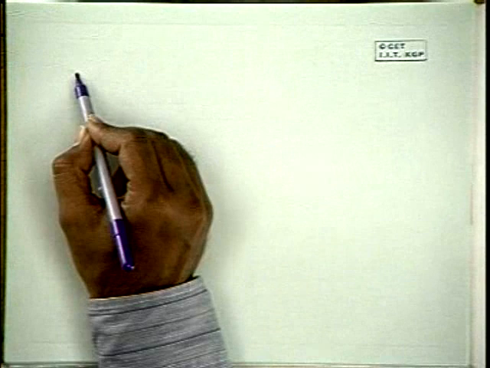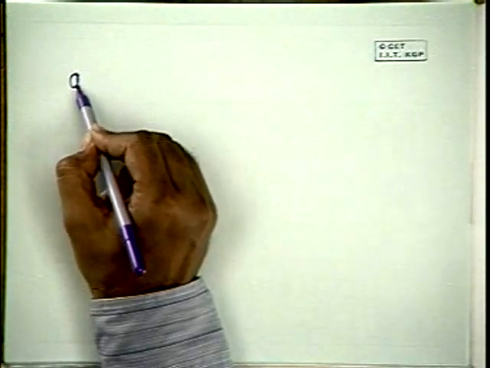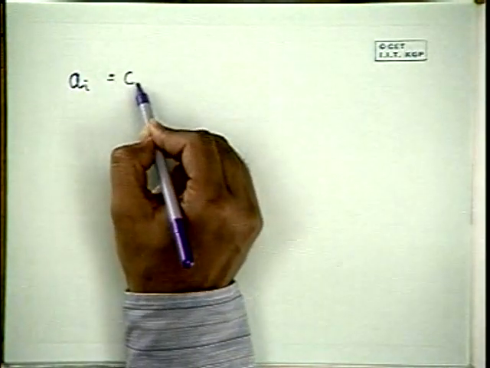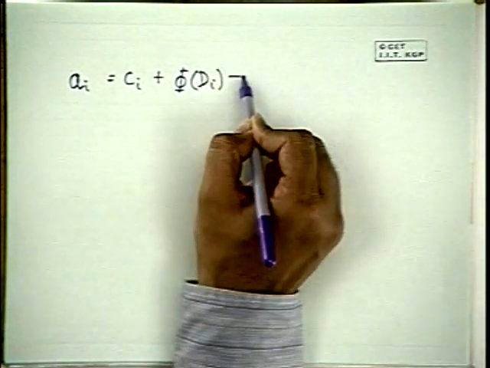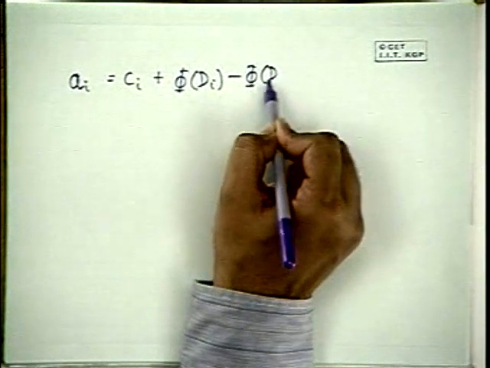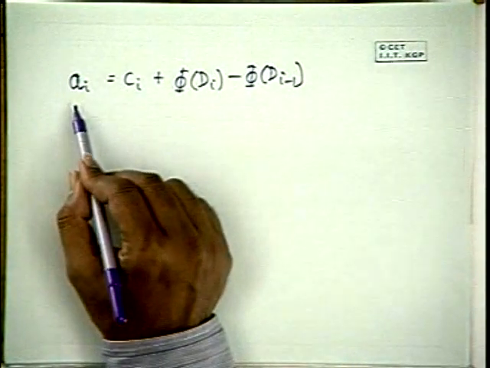So let's see what is the amortized cost of the ith operation. According to our definition, Ai should be Ci plus phi of Di minus phi of Di minus 1. This is my amortized cost by definition.